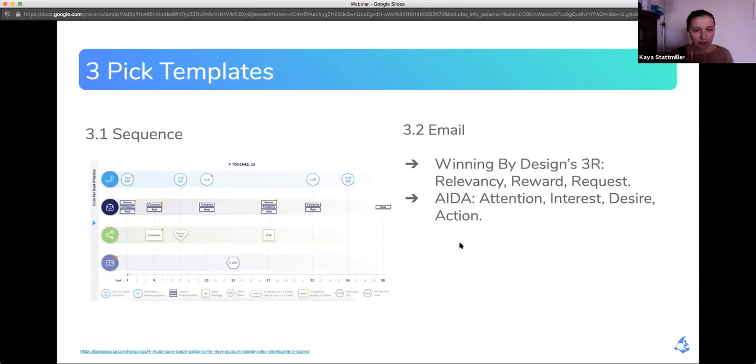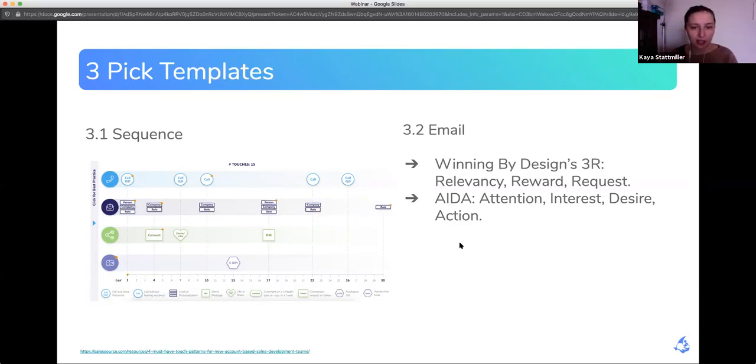And then we are going into the templates. Here there are two types: sequence templates and email templates. Whenever you want to start writing a sequence, it's best to start by planning it, meaning how many steps, what type of steps, and what you want to present on the steps.